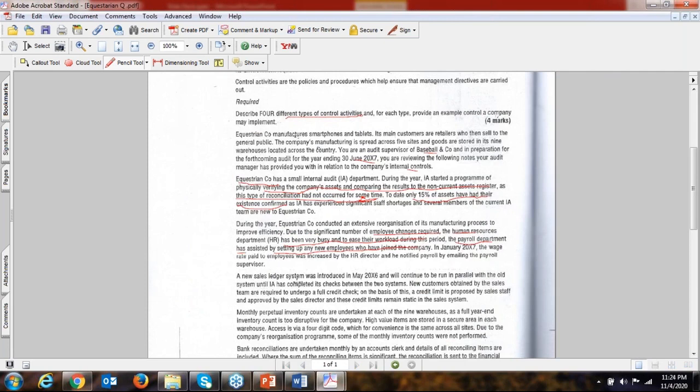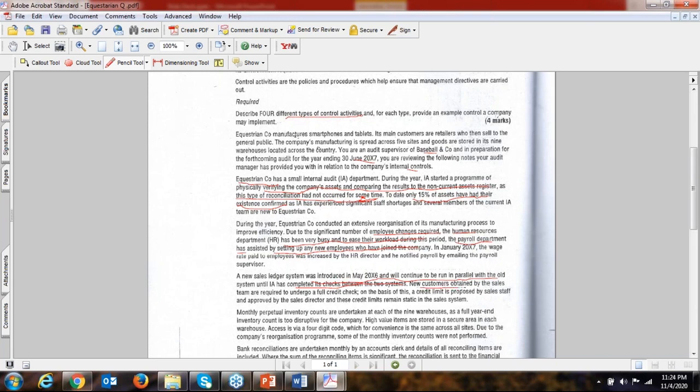A new sales ledger system was introduced in May 2006 and will continue to be run in parallel with the old system until internal audit has completed its checks between the two systems. Very good, this is a good thing.